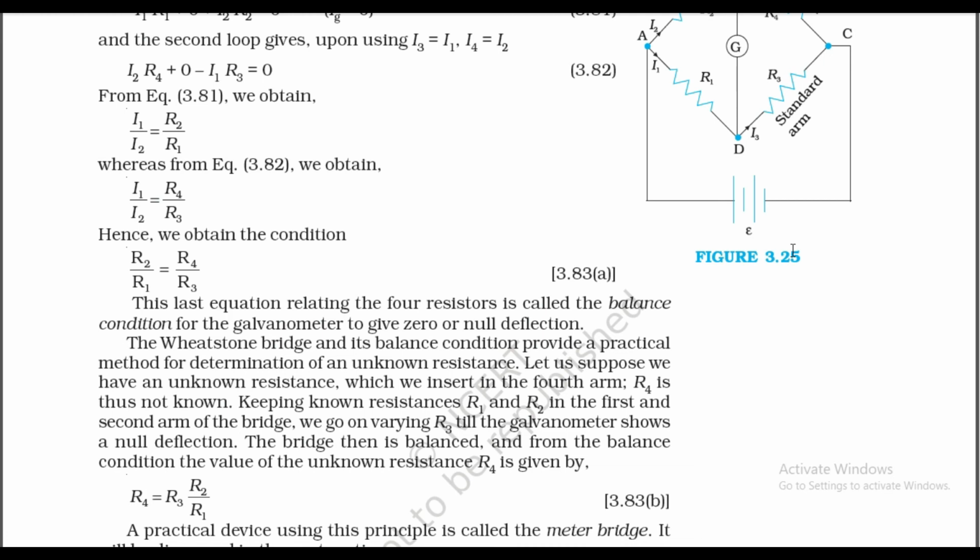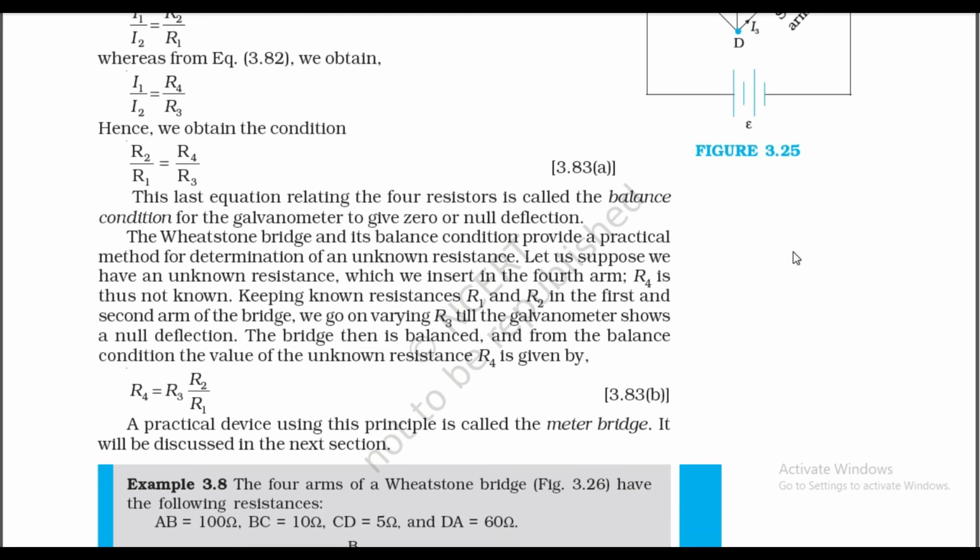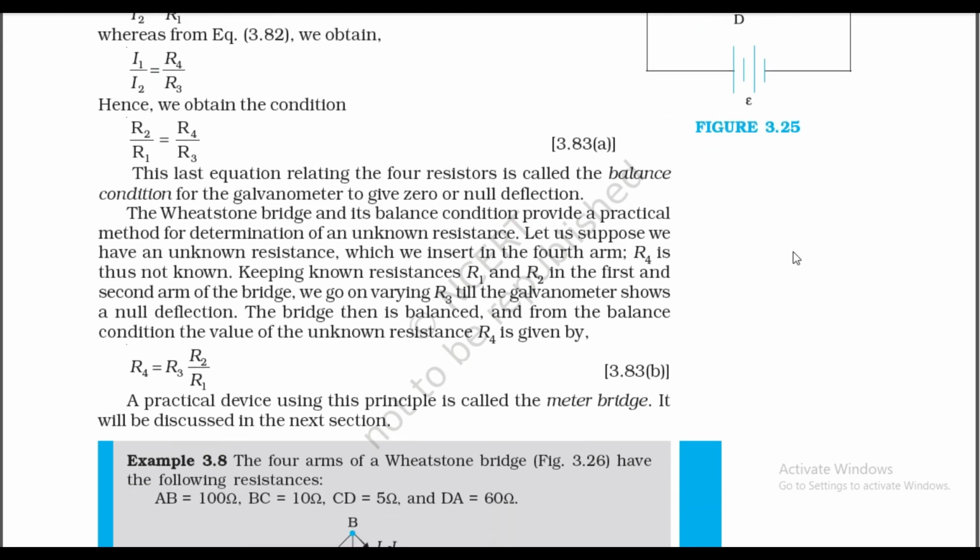This last equation relating the 4 resistors is called the balance condition for the galvanometer to give zero or null deflection. The Wheatstone Bridge and its balance condition provide a practical method for determination of an unknown resistance. Let us suppose we have an unknown resistance which we insert in the fourth arm.